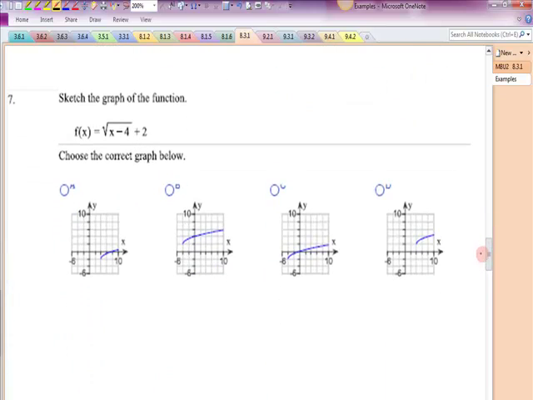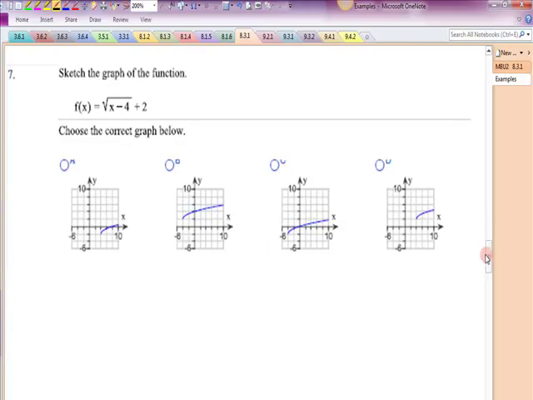All right, the next few have 2 shifts, vertical and horizontal. This one is going to be a branch because it's a square root. Inside it has a -4. That means it's going to shift right 4. Outside it has a +2, so it's going to shift up 2.